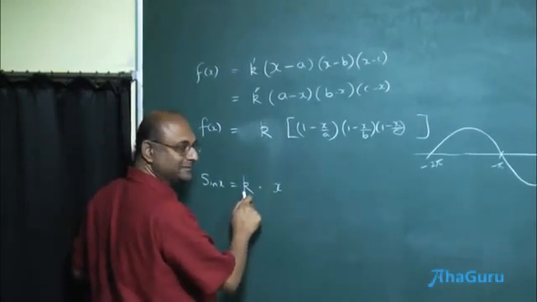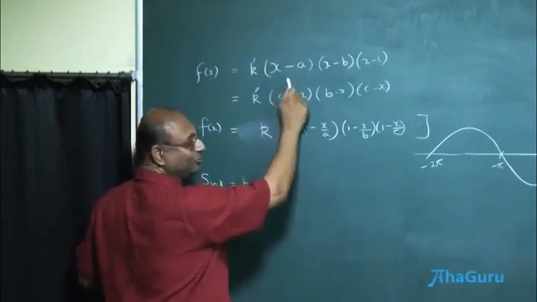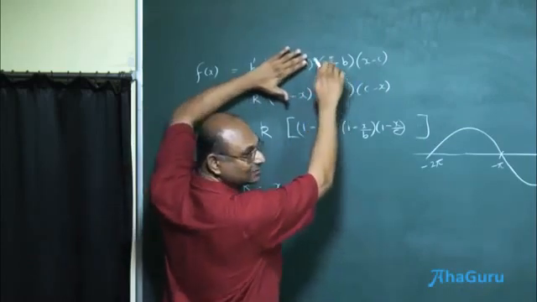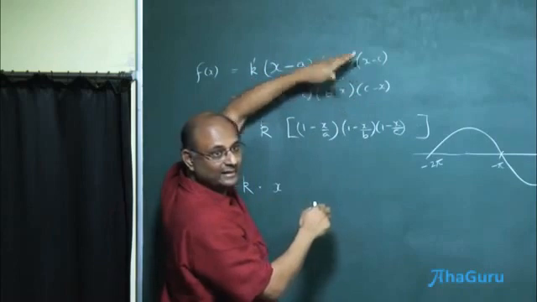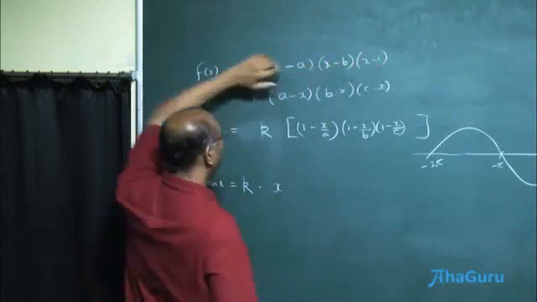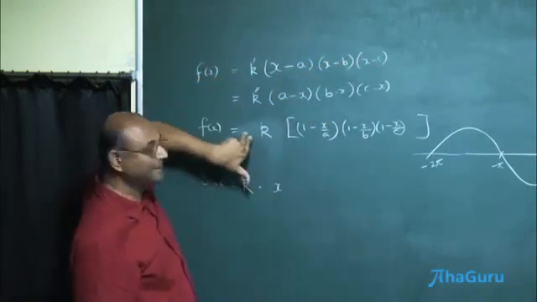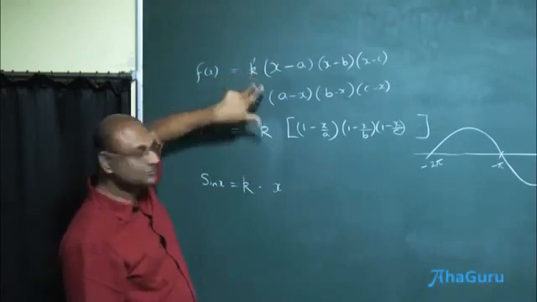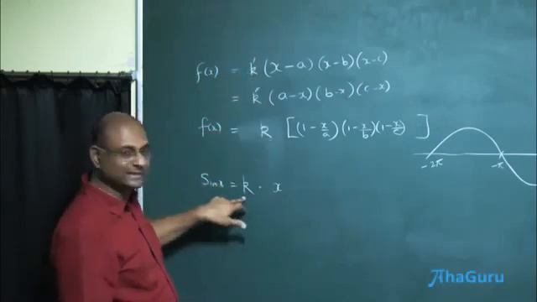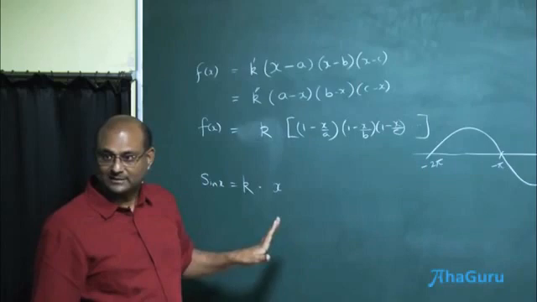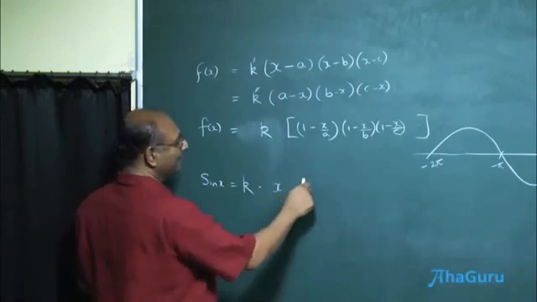Okay, so we are going to make that assumption. So k times x, this part I have not moved. So only these I am going to convert as 1 minus x by b, 1 minus x by c. I am going to therefore take out all those x by b, x by c, bc parts here, right? All that will go into a constant. So that constant is sitting here. I don't know what this constant is, but it's going to look like this.